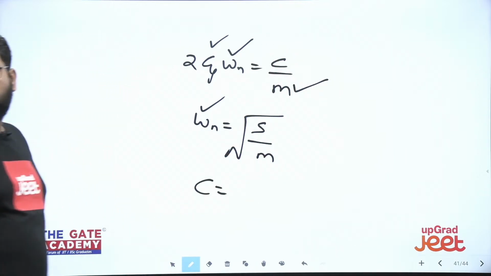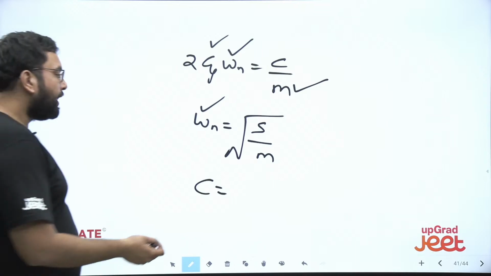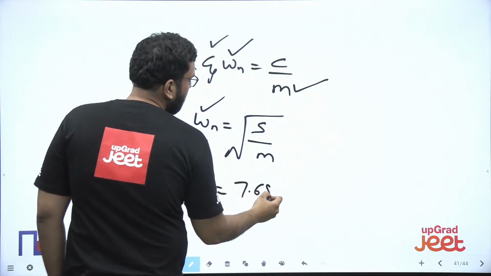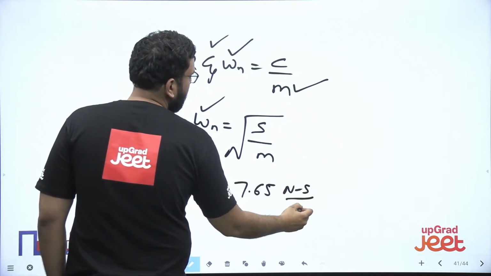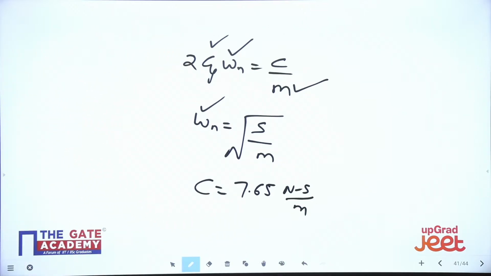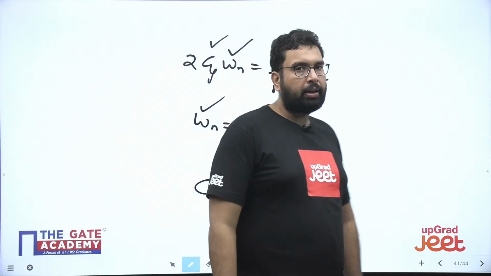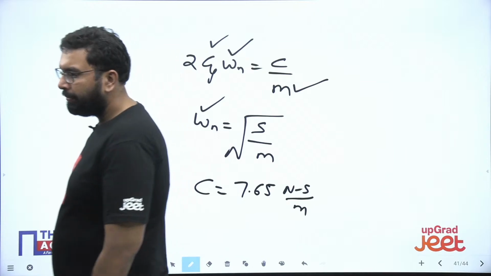And when you try to find it, you will be getting 7.65 something. So why were you not able to answer it? Dheeraj, Pranjali, and the rest of you, only Gautam has answered it correctly. Why were we not able to answer it correctly? What is the reason?